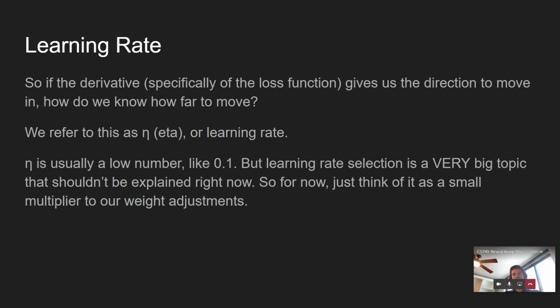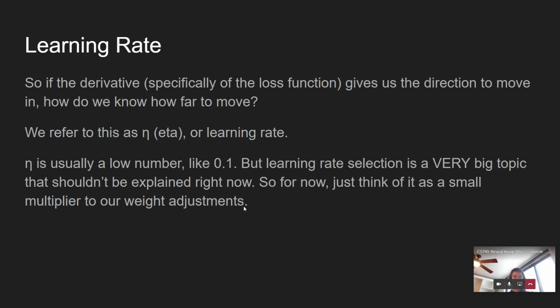So let's also talk about learning rates real quick. This is one of those subjects that could be its own lecture if we wanted to expand it, but we're not going to. The basic idea, though, is we have this nice little value eta here, and we're going to make it a very small number usually, and then we're going to multiply it by whatever adjustment we're making to our weights.